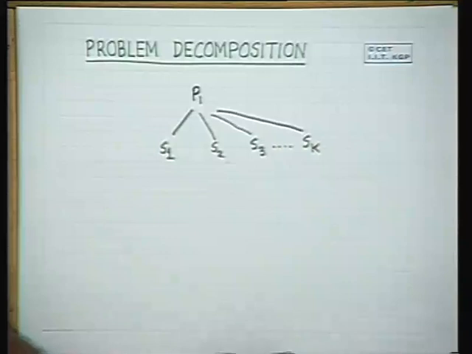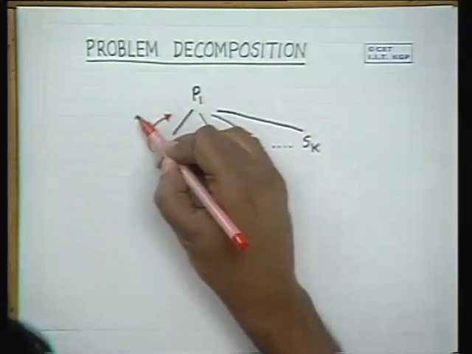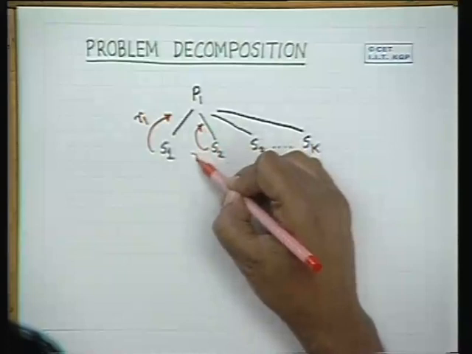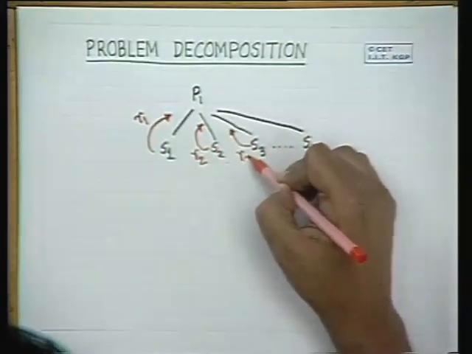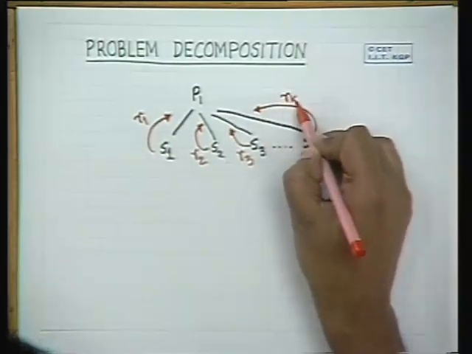Now each of these sub-problems, when solved, will give a solution back: result 1, result 2, result 3 and so on up to result k.